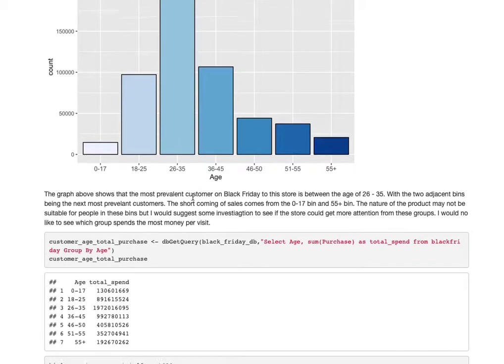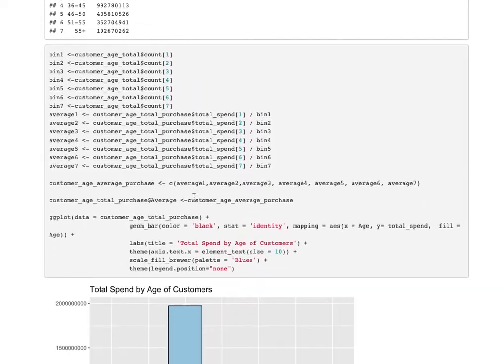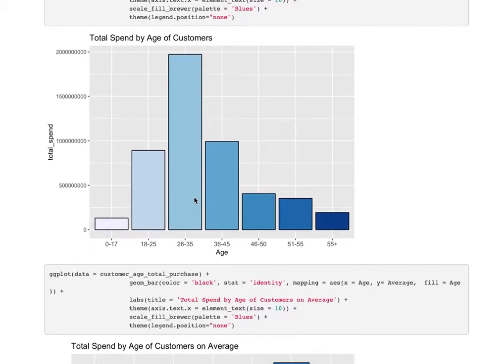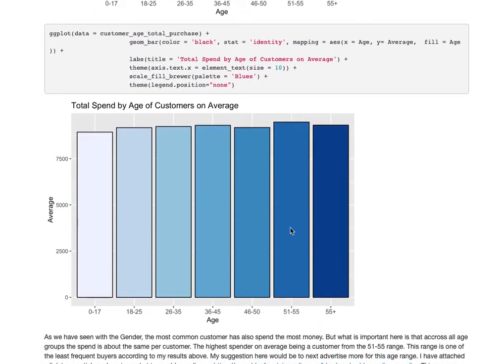I think that's important for them to know. But then what's also important for them to know is who's spending the most on average. And it turns out that on average, the 51 to 55-year-old consumer is spending just a tad more than everyone else. They're all spending approximately or close to the same amount, but the 51 to 55-year-old is buying more expensive products on average.